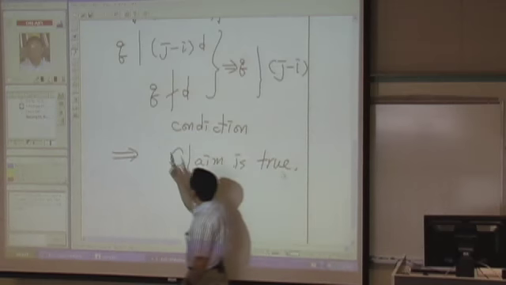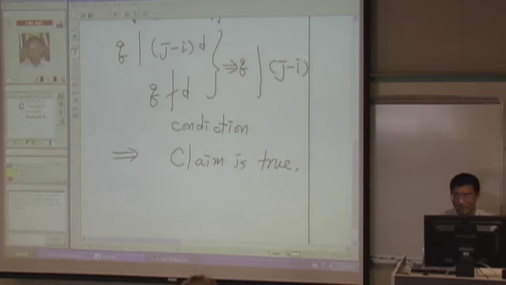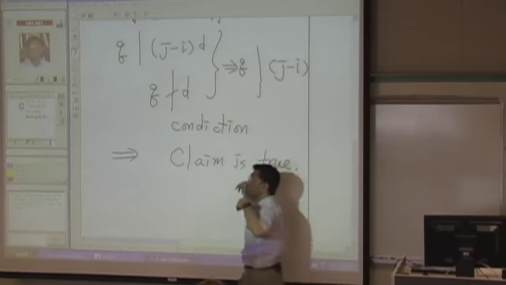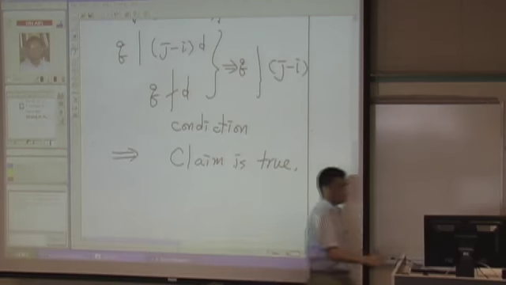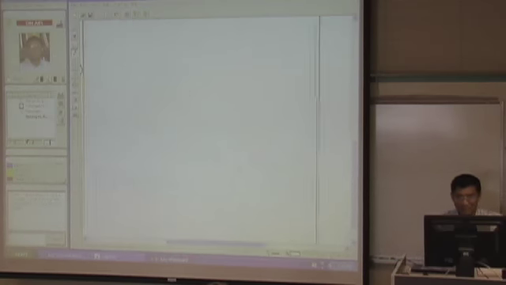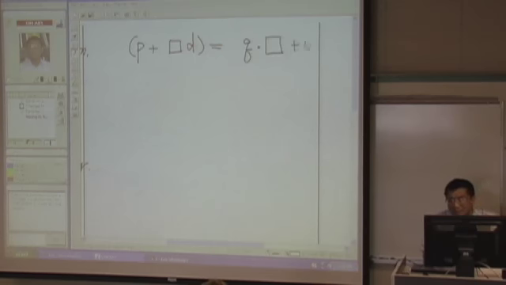Because I proved the claim, I can now use this to finish it. So I will go to the next column and finish the proof of the theorem itself, not this small statement. Then some number p plus some number d has remainder 0, meaning q multiplied by some number, and then remainder is 0.